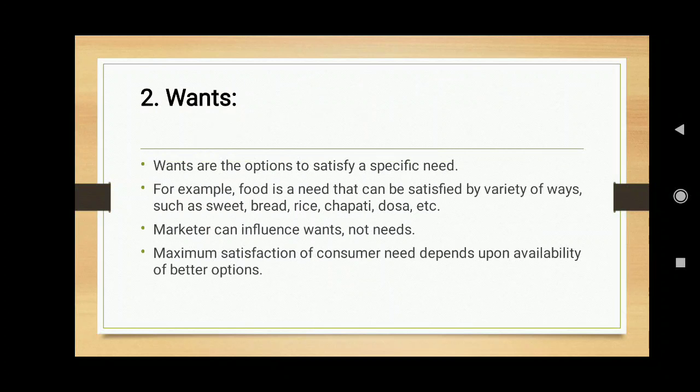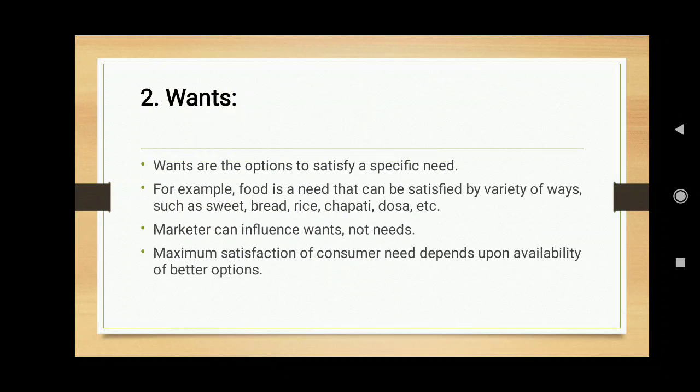Specific need in the sense, if you are thirsty, then you want water, right? Water, juice, etc., you have the options to satisfy your need, right?